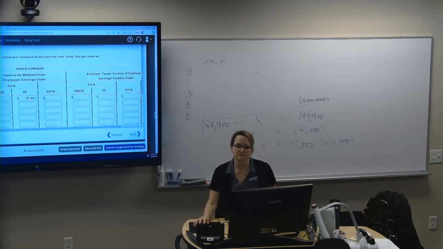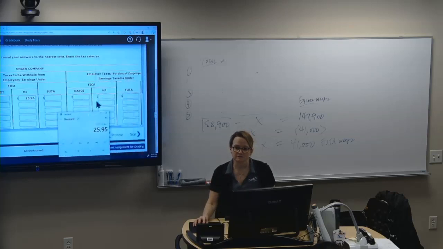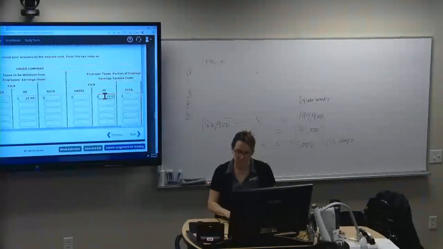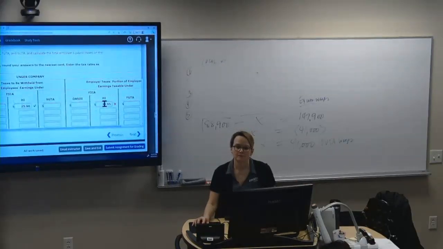So if we take 1790 times .029, the total would be 5191. Let's subtract the 2596. 2595. Try 2595. No. 2596 is, yeah.